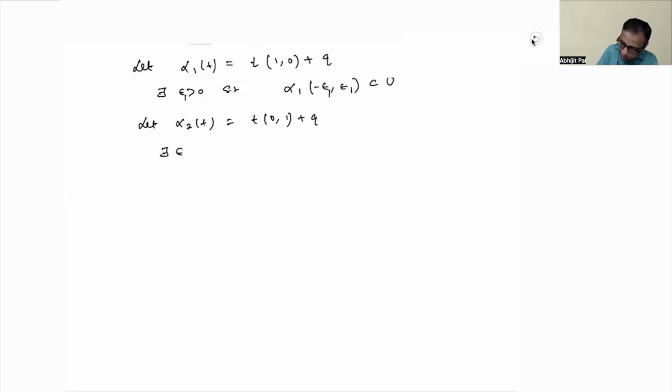Similarly, there exists epsilon 2 greater than 0 such that alpha 2 of minus epsilon 2 to epsilon 2 is contained in U. Okay, and now let us consider these curves. Let beta 1 be equal to sigma composed with alpha 1, and beta 2 be equal to sigma composed with alpha 2.